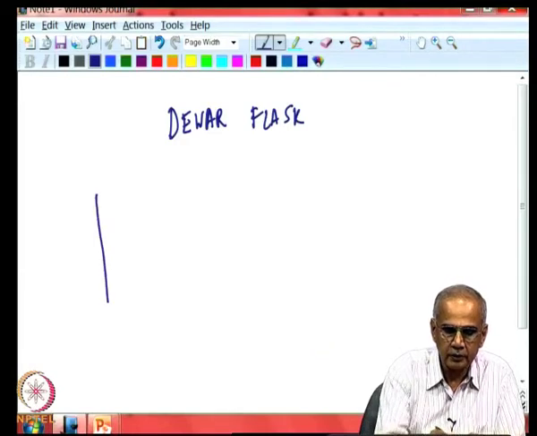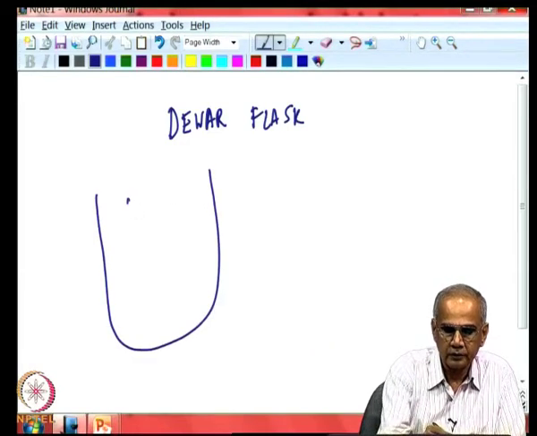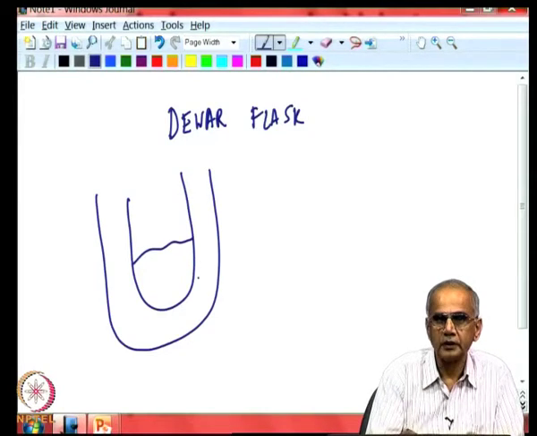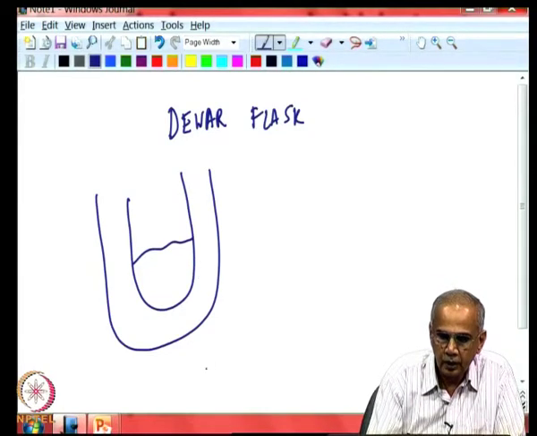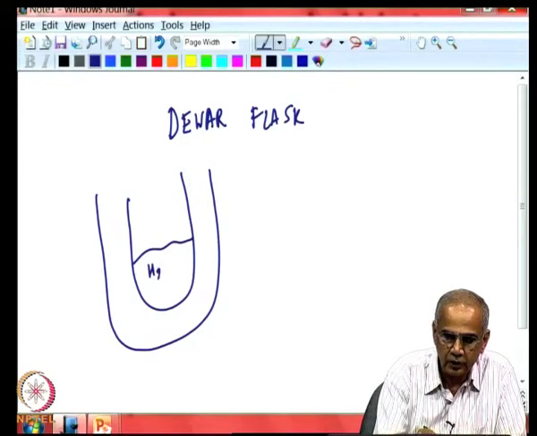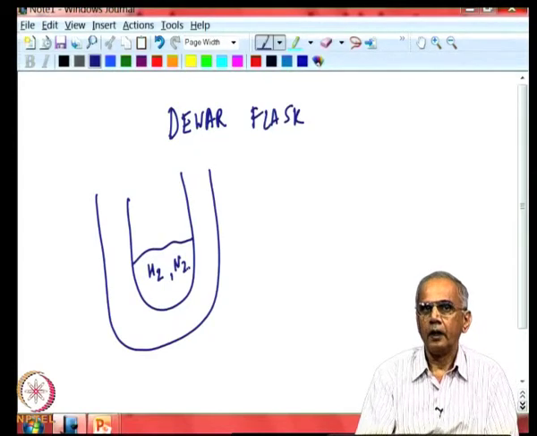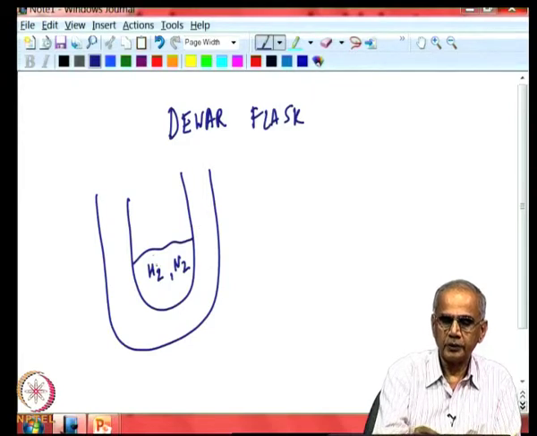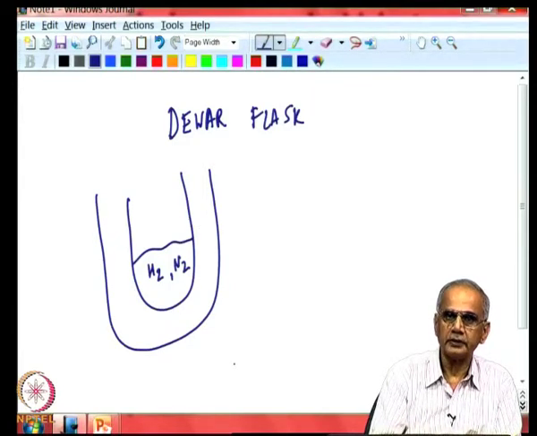These are essentially containers which contain either liquid nitrogen or liquid oxygen or hydrogen, and they are like thermos flask, but of a larger size. And they are used to, let us say, store liquid hydrogen or liquid nitrogen. And these are at very low temperatures, typically below 100 degrees Kelvin.